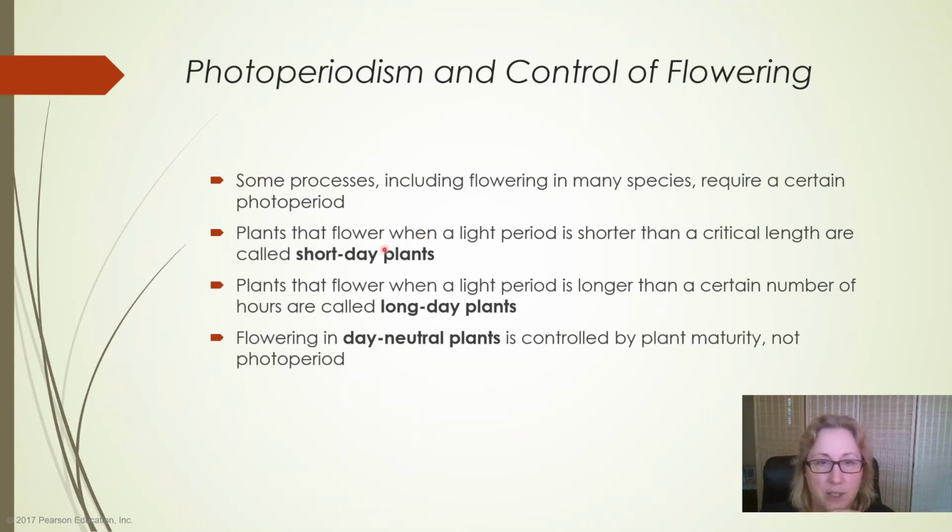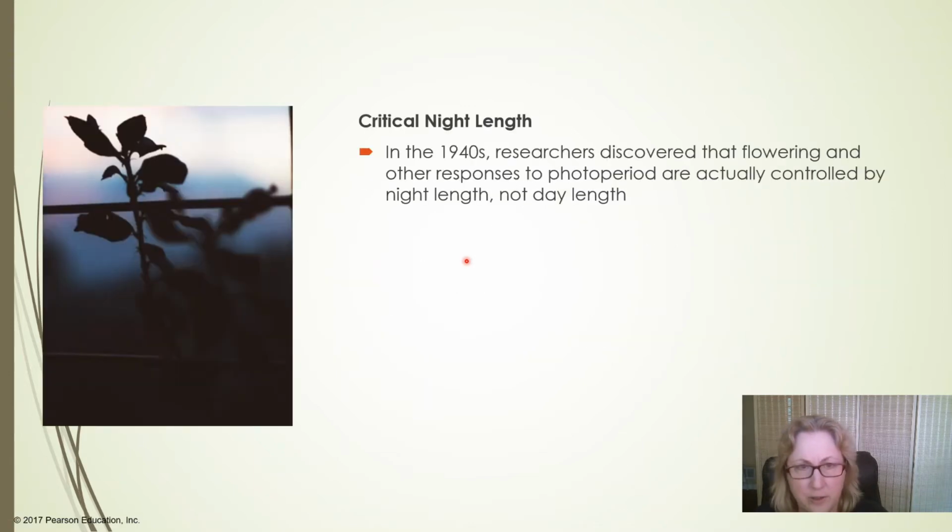So it was noticed hundreds of years ago that there are so-called short day plants which flower as the daylight gets shorter and shorter, so towards the fall. And then there are long day plants which flower as the days get longer and longer in the spring. So these would be spring flowering plants. Short day plants would be fall or late summer.